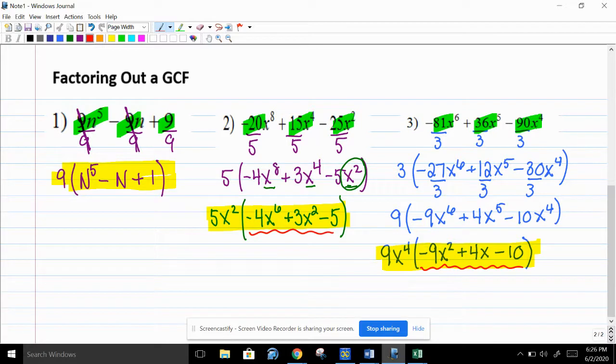I still finished with trinomials. They're different looking trinomials now because I factored out the GCF, but they still have 3 terms. That's not going to change. You're not going to factor out a GCF from a trinomial and end up with a binomial. That's not possible. If it started with 3 terms, it's going to finish with 3 terms. Hopefully this makes sense, guys. Good luck.